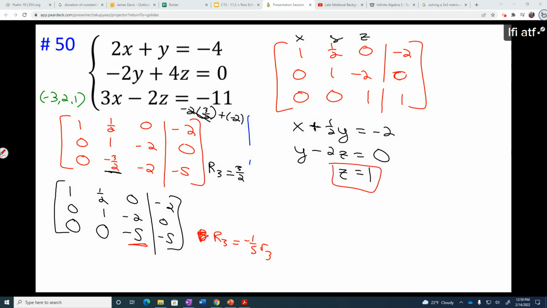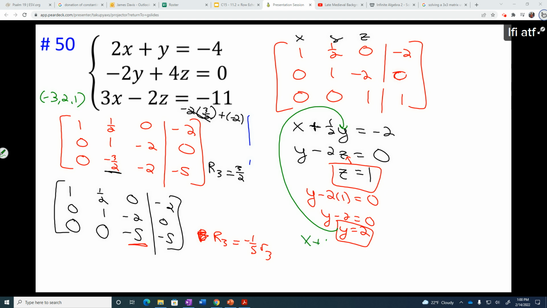So we have z. We take this and we're going to plug it in the equation above it. We get y. So y minus 2 times 1 equals 0. And then y minus 2 is 0. Add it over. Y is 2. And then we're going to take this answer and we're going to plug it into this equation. We get x.